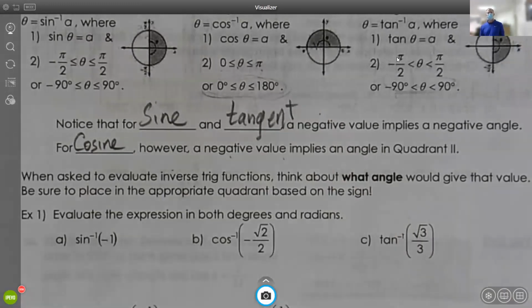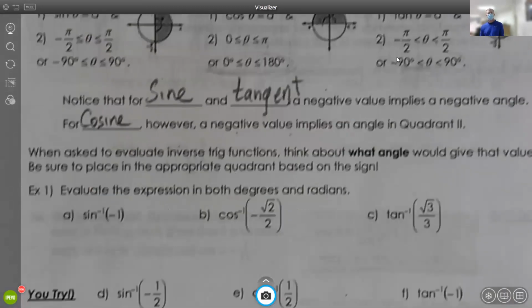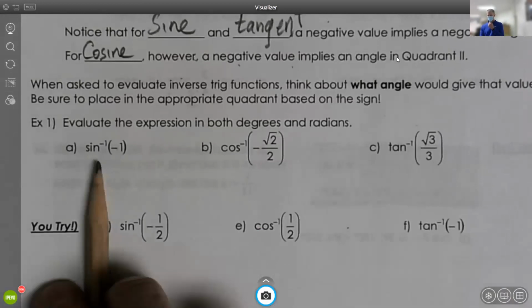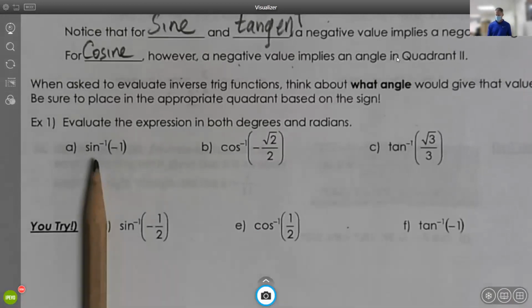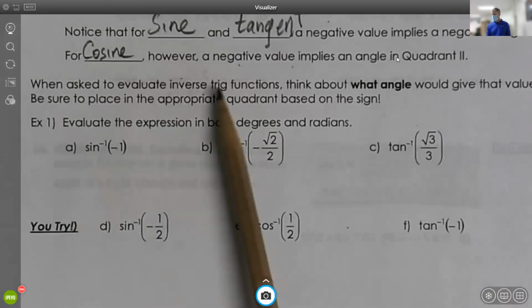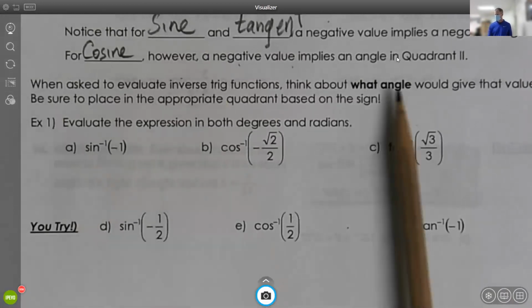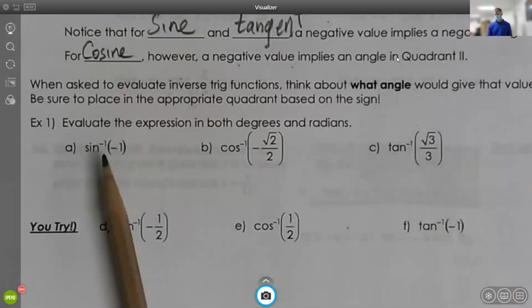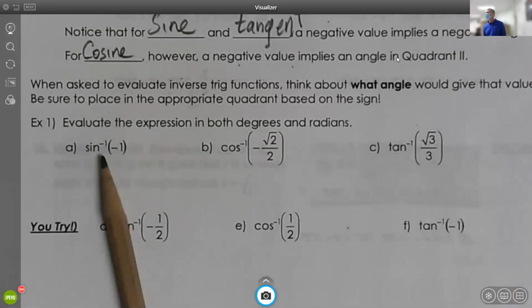So now let's start coming over here and thinking about what is the inverse? What does inverse mean? When asked to evaluate inverse functions, think about what angle would give you that value. So sine inverse of -1. Where is the angle that you get -1 for sine? Well, sine is a y value.